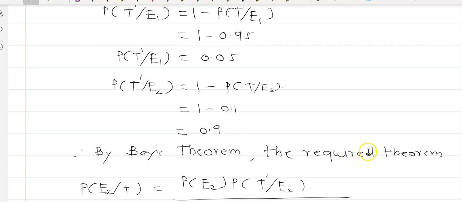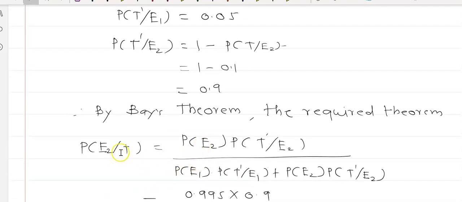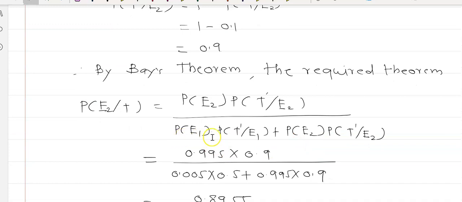Again by the Bayes theorem, the probability of E2 conditional T dash, which was written by mistake without the dash, is equal to the probability of E2 into the probability of T complement conditional E2 upon the probability of E1 into the probability of T complement conditional E1 plus the probability of E2 into the probability of T complement conditional E2.